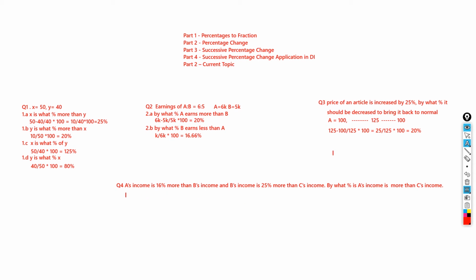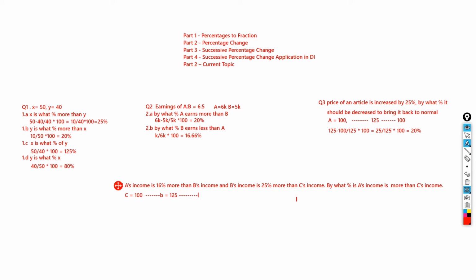Moving on to the last and the most important question: A's income is 16% more than B's income. B's income is 25% more than C's income. Then by what percent is A's income more than C's income? We can again assume C's income to be 100. Then B's income will become 125.